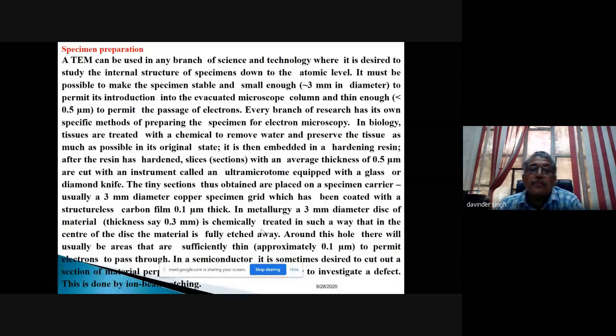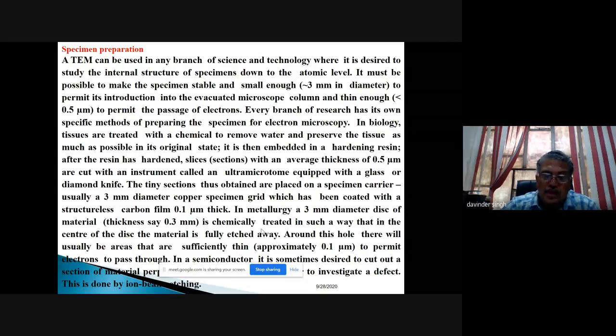Right. Most important thing, generally, is the specimen preparation, the sample preparation. How do you do the sample preparation? Different types of samples and different objectives have different ideas. That's why I would like to say that TEM can be used in many branches of science and technology where it is desired to study the internal structure of a specimen down to the atomic level.